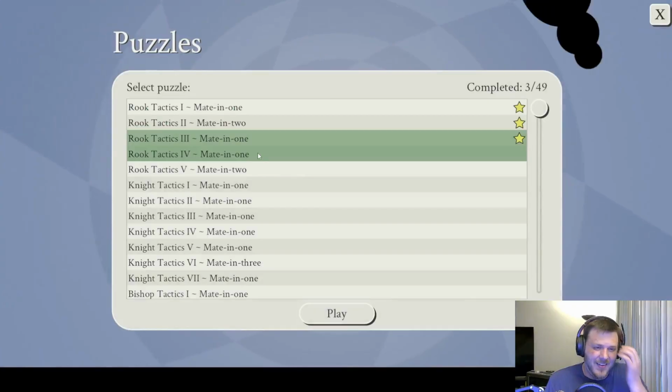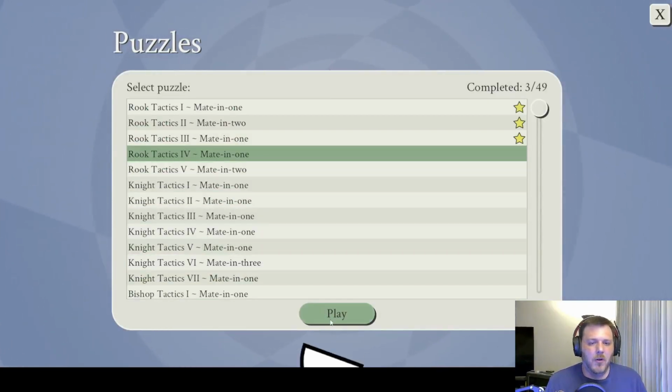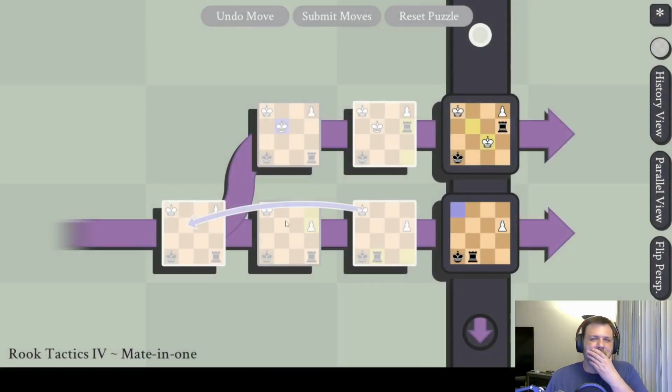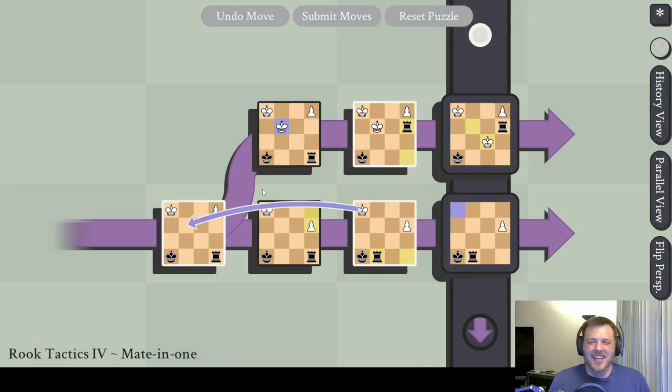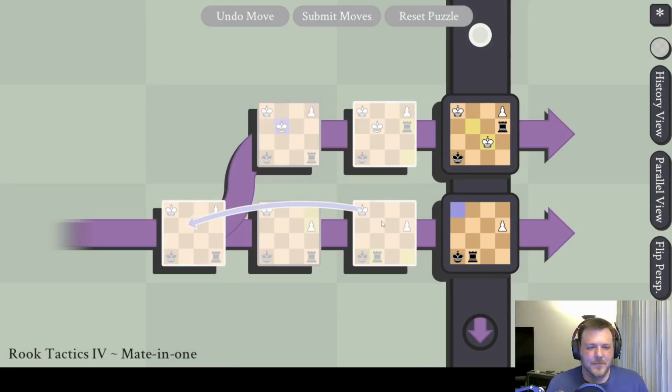All right, rook tactics 4, mate in 1. This can be confusing. All right, so we start off. King and pawn, king and rook.